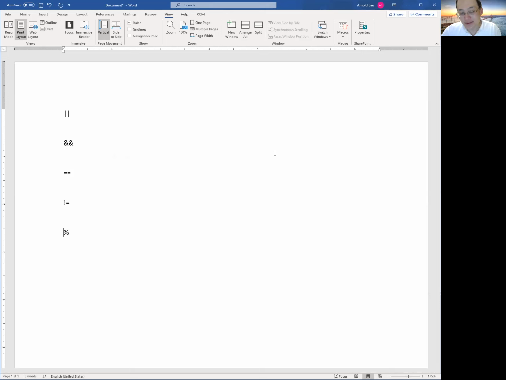So why don't we start with the percentage first? All that mod means is what is the remainder? So let's say I do 2 mod 2. So 2 goes into 2, fine. So there is no remainder. Therefore your mod will equal 0. If I did, well, I should use a bigger number.